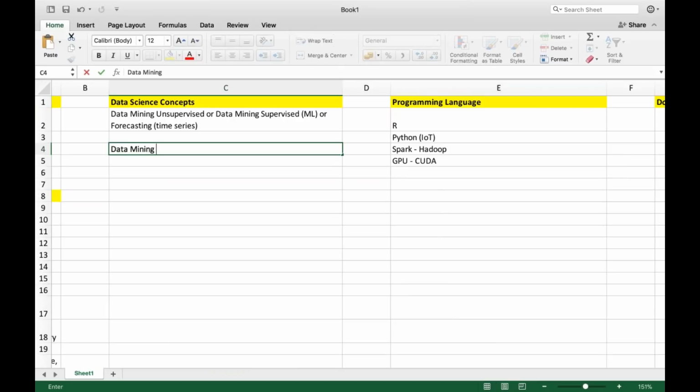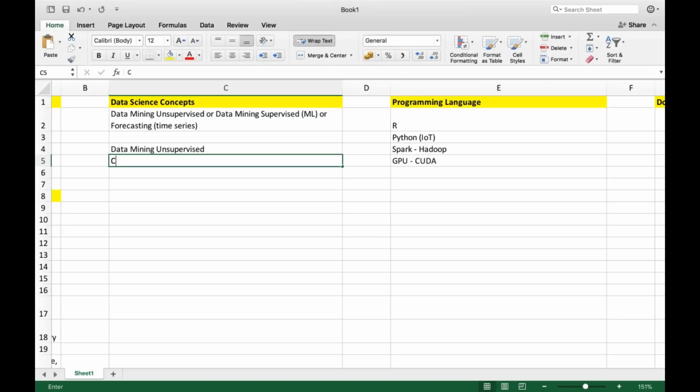So let us discuss unsupervised learning. Clustering. The most basic algorithms are k-means and hierarchical. However, if you have outliers in the data, then you go with k-medians or k-medoids.